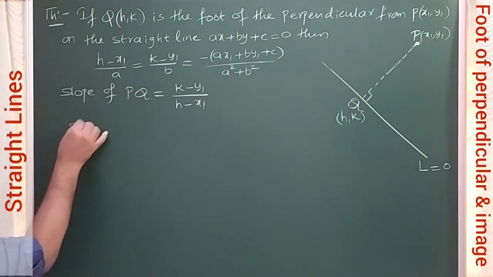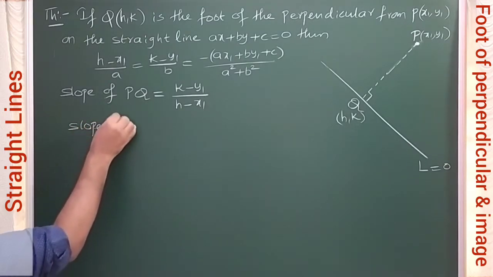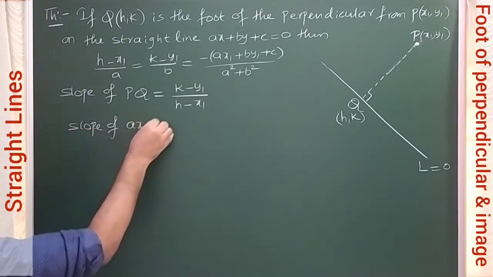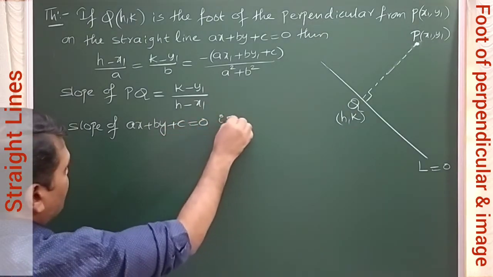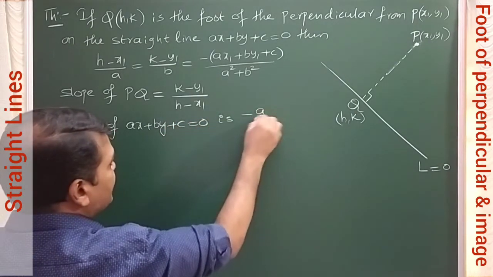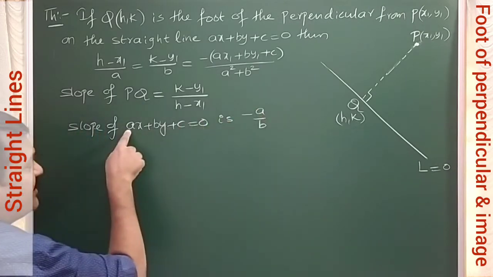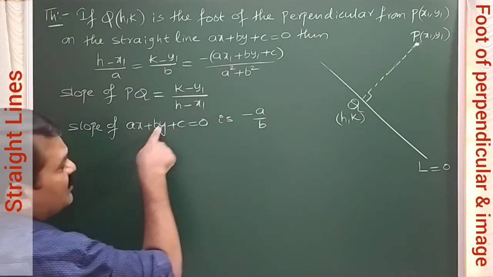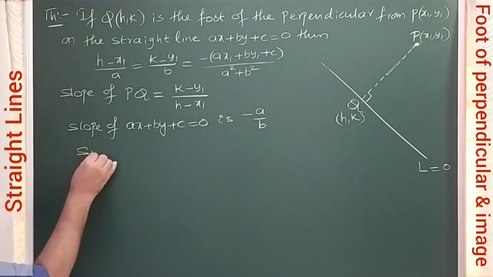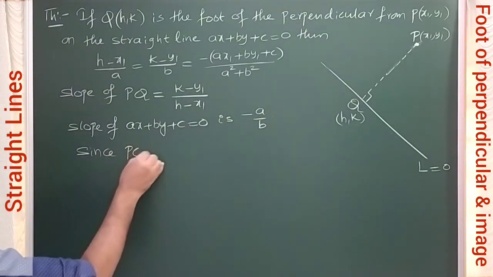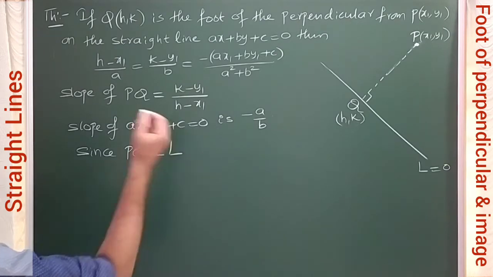What is the slope of the given line? The slope of ax plus by plus c is equal to 0 is minus a by b, that is, minus coefficient of x by coefficient of y.